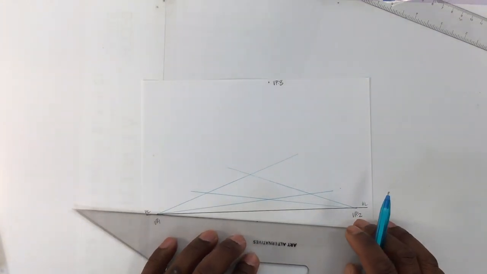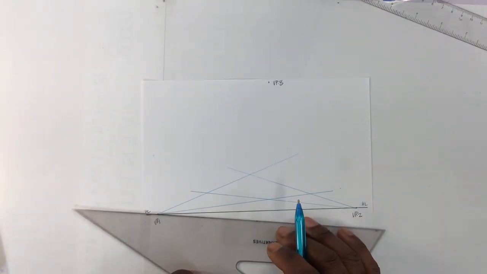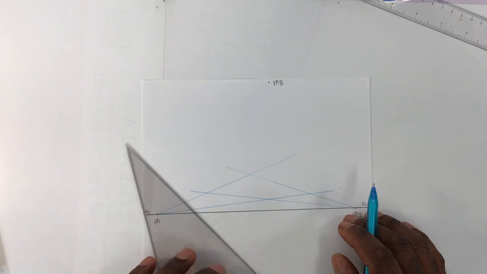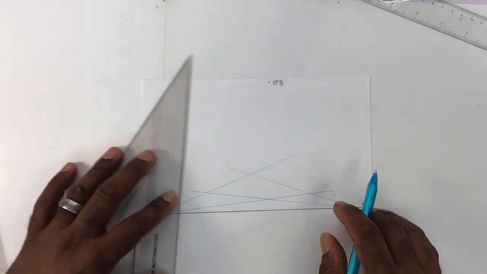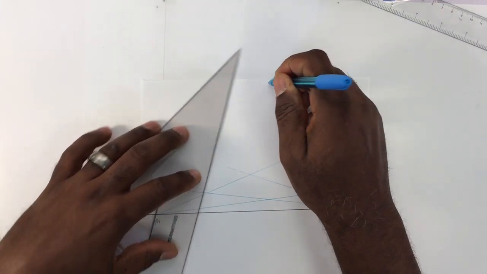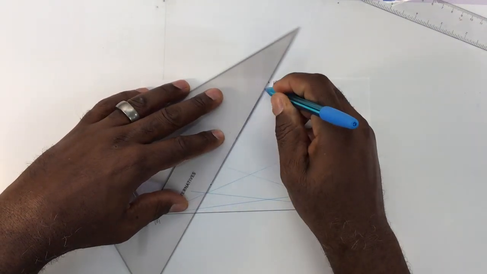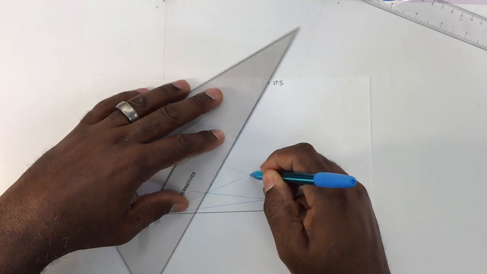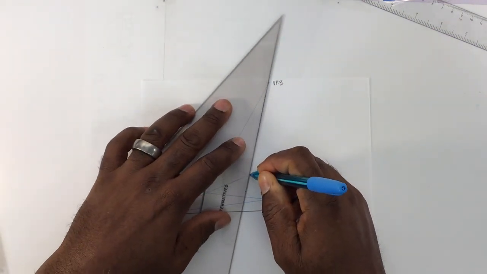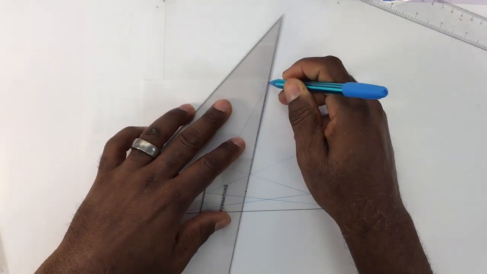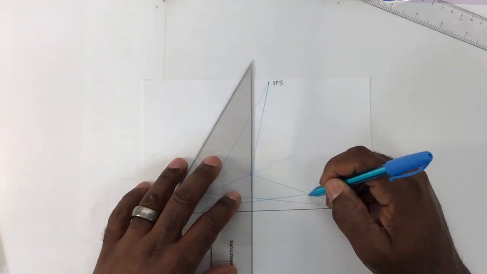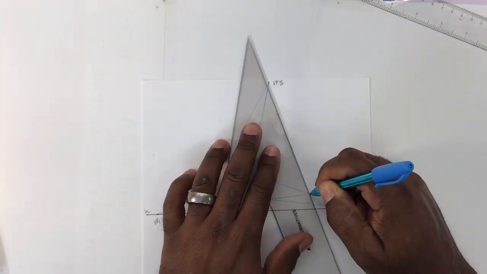There we go. Okay, this is going to be somewhat of a shallow cone. What I'm going to do is, remember from the corners, connect all those to your third vanishing point.